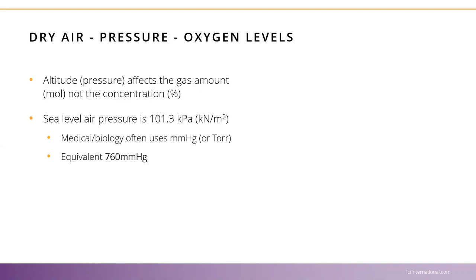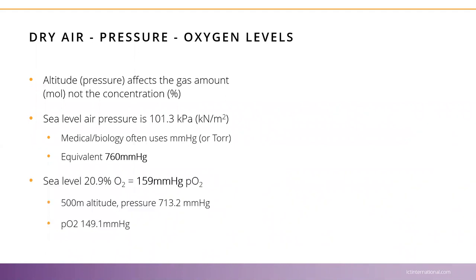In medical terms, the pressure often used is millimeters of mercury or torr. Throughout this presentation, I will use the term millimeters of mercury. And in this case, the 101 kilopascals is approximately 760 millimeters of mercury. So at sea level, with 20.9% of oxygen, you would get to 159 millimeters of mercury partial pressure for oxygen.